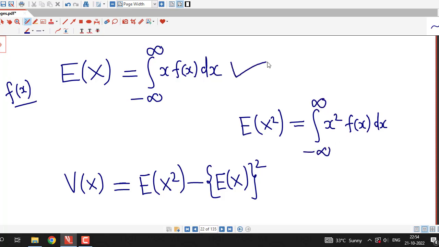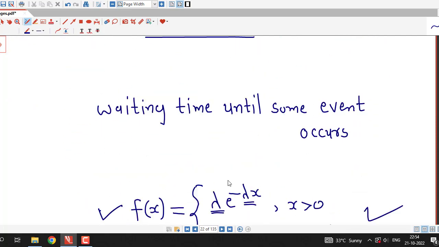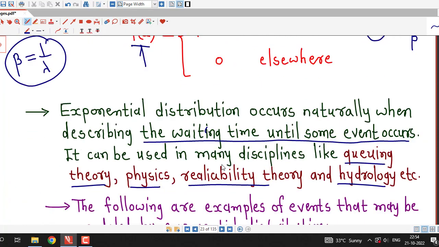So first we will use this formula to obtain expected value of x, then we will obtain expected value of x square, and after that we will be able to determine the variance for the given exponential PDF.